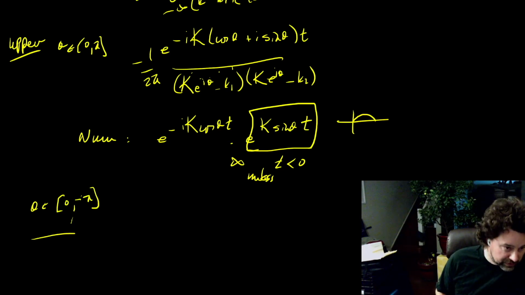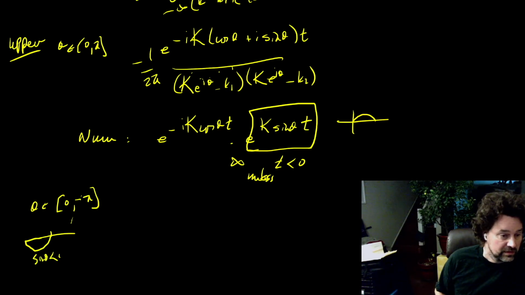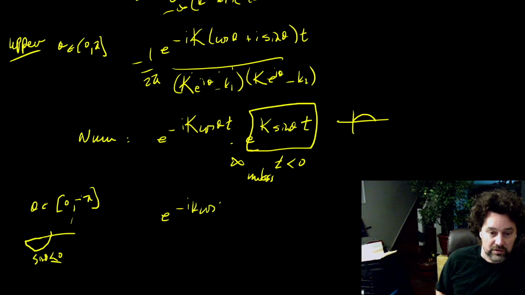Regardless of the orientation of that integral in the range between 0 and minus pi, here sine theta is always less than or equal to 0, so that we have e to the minus ik cos theta t times e to the k sine theta t.